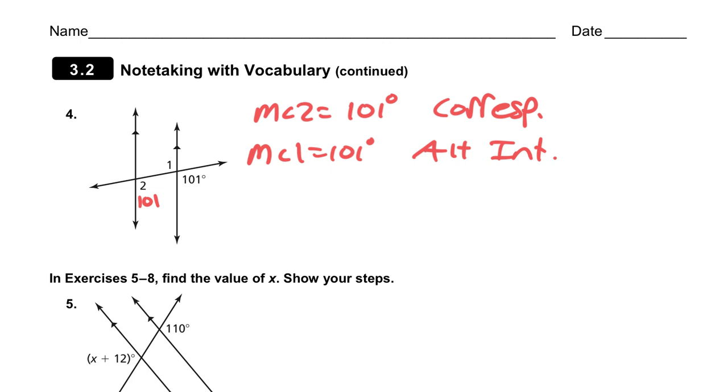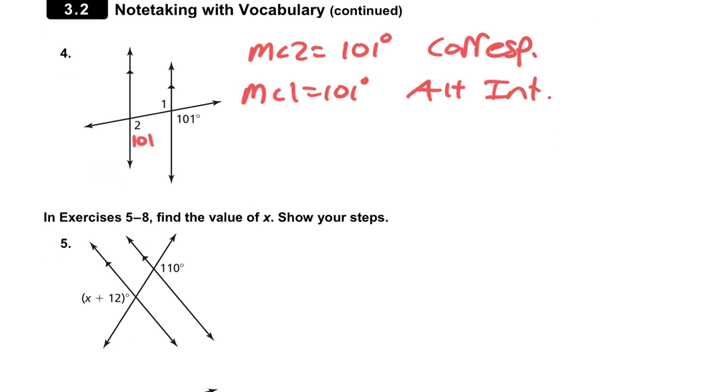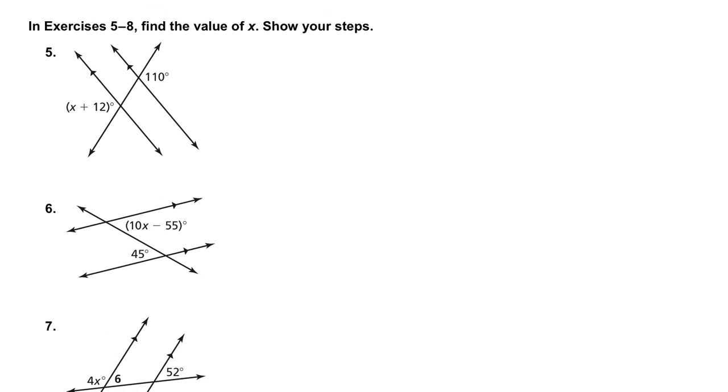So this last section says, find the value of x, show your steps. Now we can do this in a proof and state what we're doing. I'm just going to say what allows me to write what we have. I can say that x plus 12 equals 110 degrees because these are alternate exterior angles. I might just make that little note here. Alternate exterior allows me. So right now, I'm going to say anything's fair game.